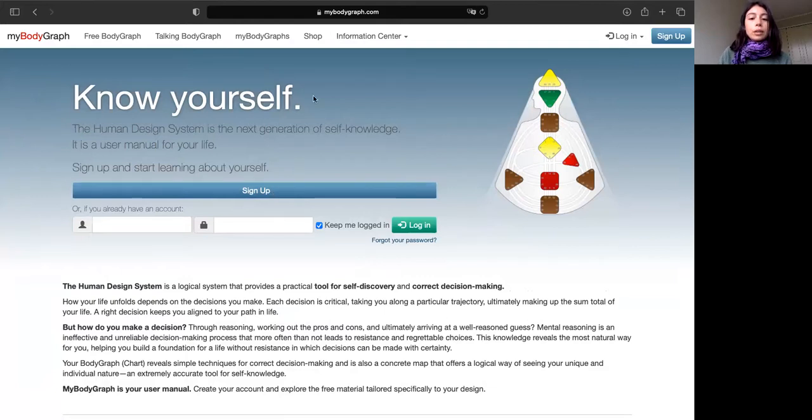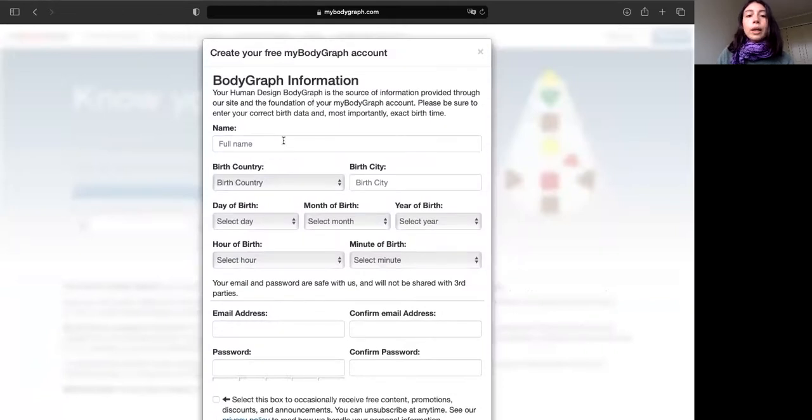You go over here and it's going to ask you right away for your birth information. It's important that you know that in order to get an accurate human design body graph, you should have your time of birth hopefully as accurate as possible. There are elements in the chart that, even though they're not beginner elements that you would look at right away, are super cool to look at, super cool to work with, but they are super volatile in terms of your time.